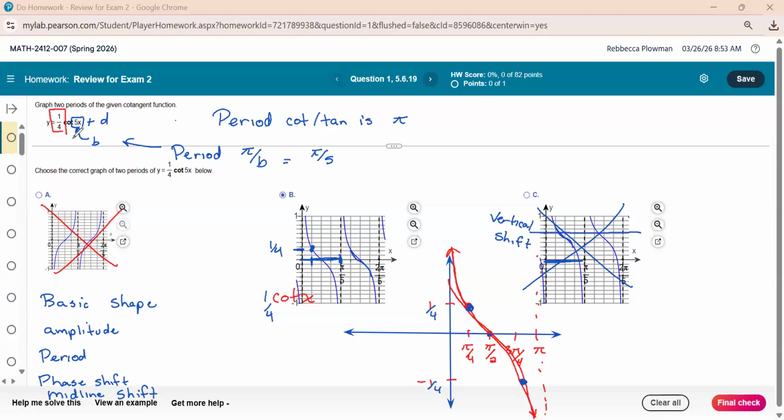We know that if the A out here in front is positive, it should stay decreasing, so it's not going to cause a flip. And it's going to control these points here. The points that you normally have at -1 and 1, it's going to change where those points are. So here they're going to be at 1/4 and -1/4. And we know that there is no vertical shift, so we know this one's out of the question. So it leaves me with B.